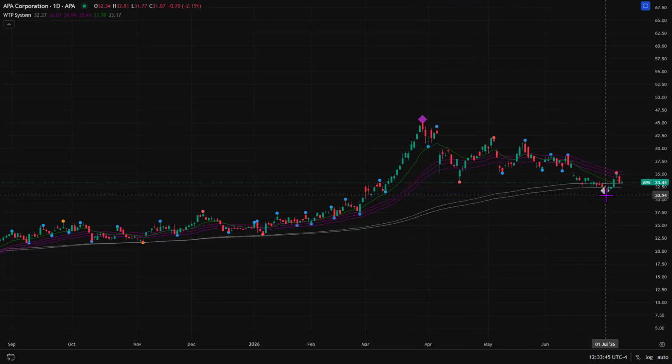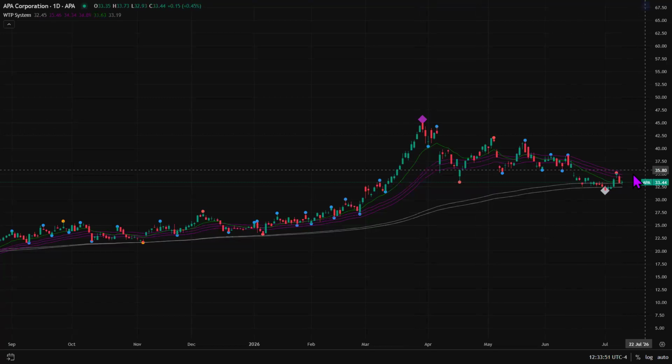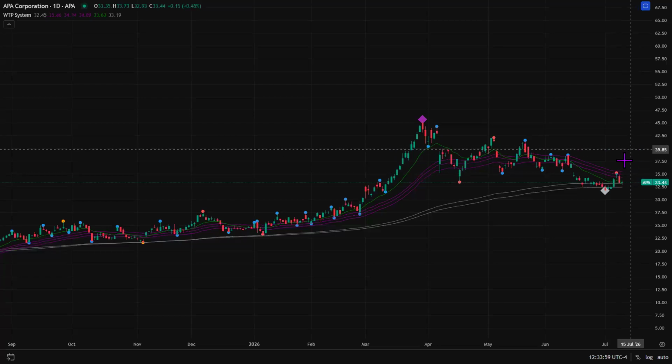That's a big drop percentage-wise. And now I would say that if we start to trade above this high price, 35.22, this could be a nice trade. I'm kind of liking this.